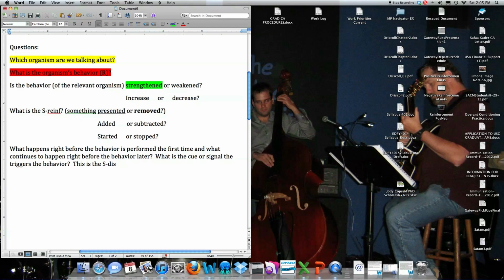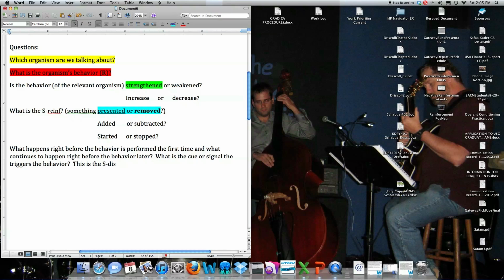Okay, the next thing is, what is the reinforcement here? Is it something which is presented or removed? Sometimes a stimulus can be presented, added, subtracted to the situation, like everything here in column A, or it can be removed, subtracted, or stopped, as in column B. So we got to know which organism.